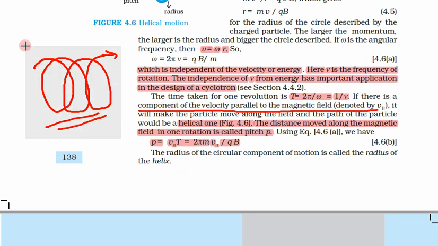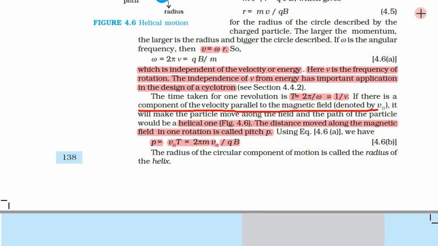So this was the second case. In this second case, it will make the particle move along the field and the path of the particle would be helical, a spring-like helical path.